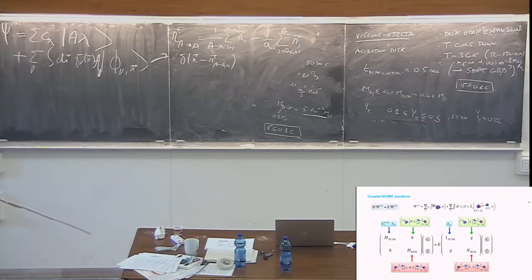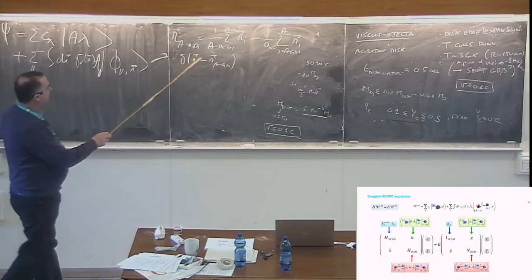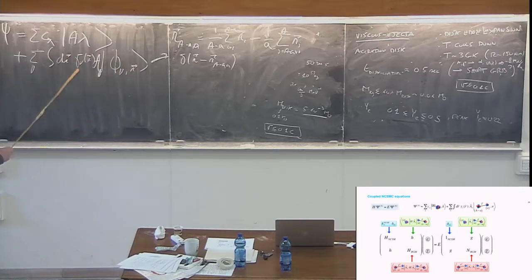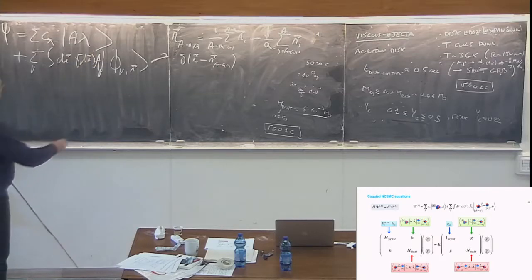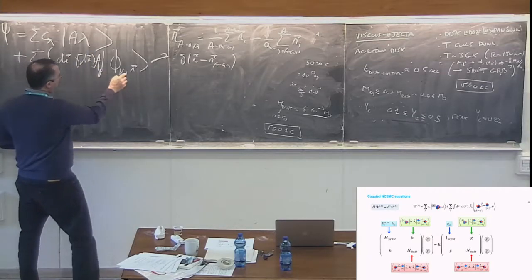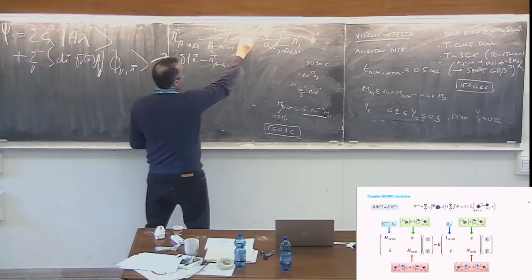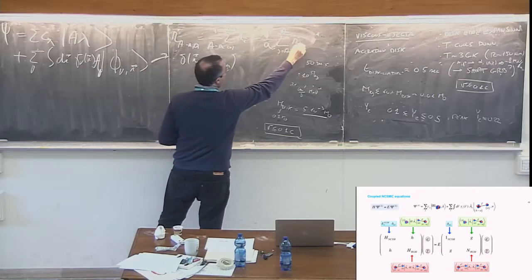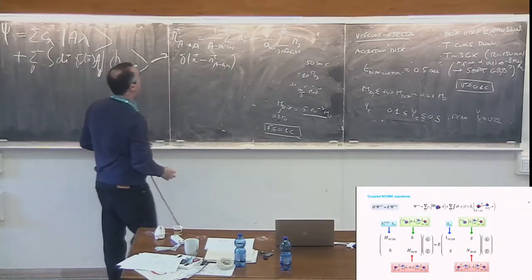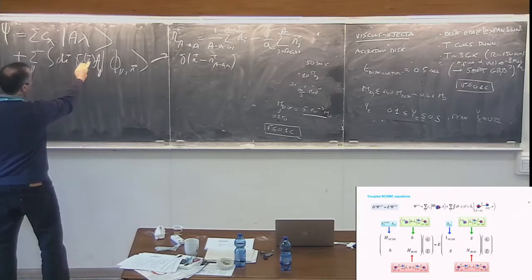So I use this trick with the Dirac delta to pull the antisymmetrizer in front of the delta. Then the antisymmetrizer acts on the single nucleon coordinates and also their spins and isospins. It doesn't act on the dummy coordinates.